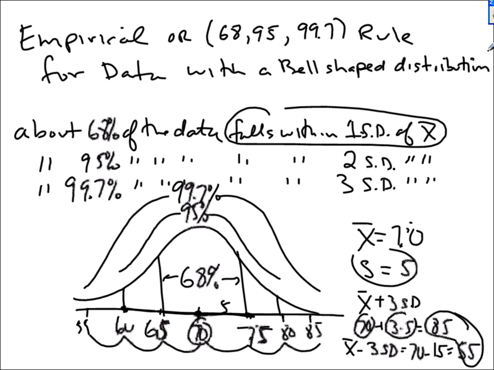If you got below 55, you did really, really poorly on this exam, assuming it's an exam. If you got over 85, you did really, really well on this test. If you got between 65 and 75, you were average. More than 2/3 of the people got in there.